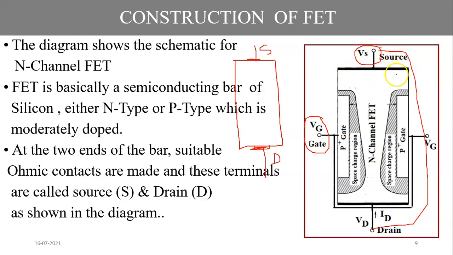So what is the simple construction? I have a semiconducting bar, and at the two ends of the bar we make two ohmic contacts, and you form two terminals. One terminal is called the source, the other terminal is called the drain. Near the source terminal, we diffuse a P material on both sides laterally so that they join internally and you make a single contact.